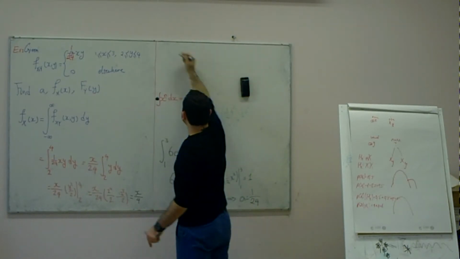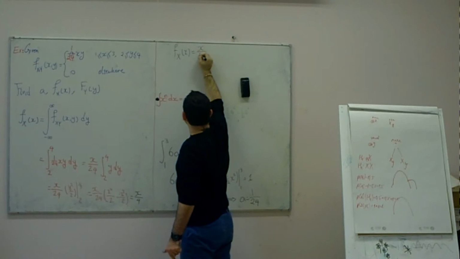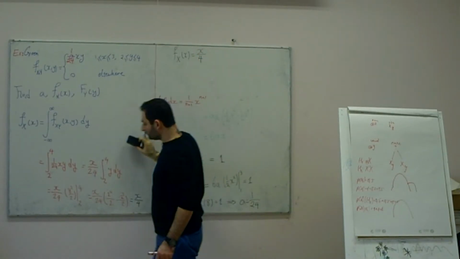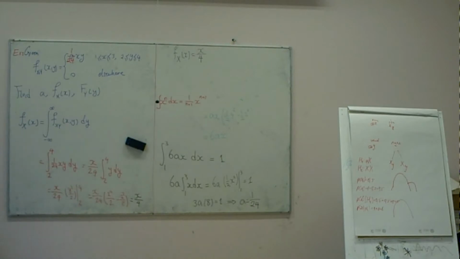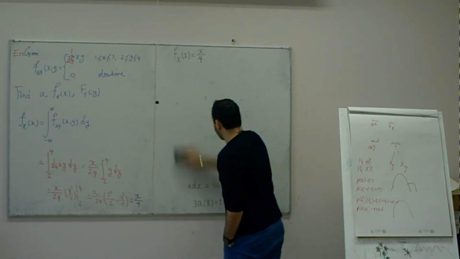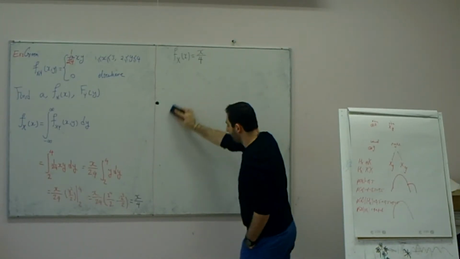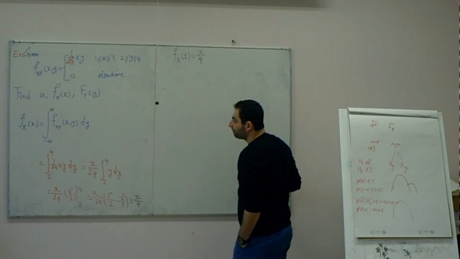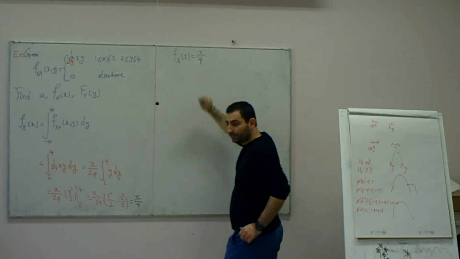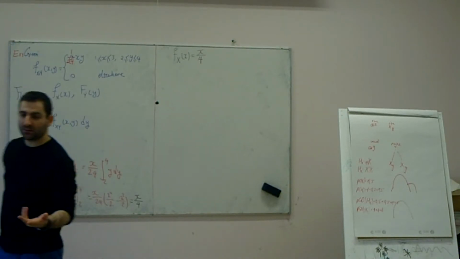In other words, my f_X(x) is simply x over 4. Any question on this part? So if you face a question like this, you can solve it, right?